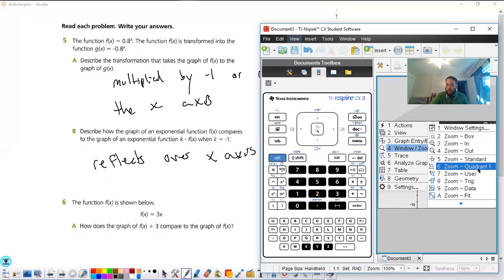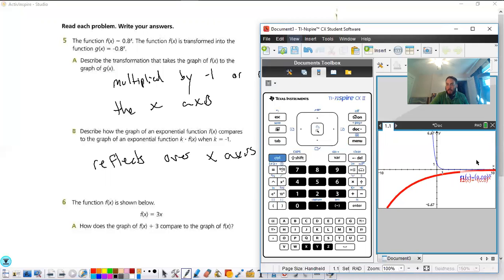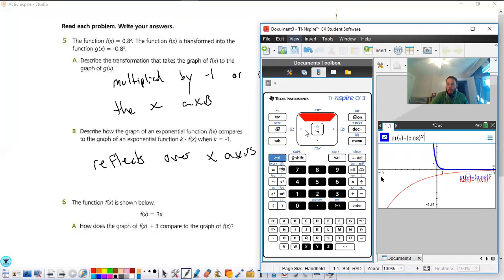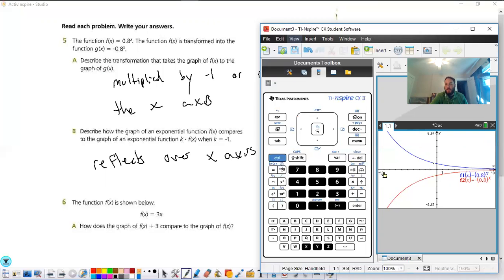Let's just do zoom standard here. All right, this should be 0.8 here. So if we look, right, it's just a clear reflection over the x-axis. It's almost like there's a mirror on the x-axis and they're flipped over there.